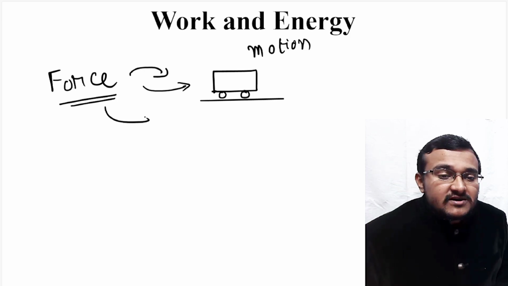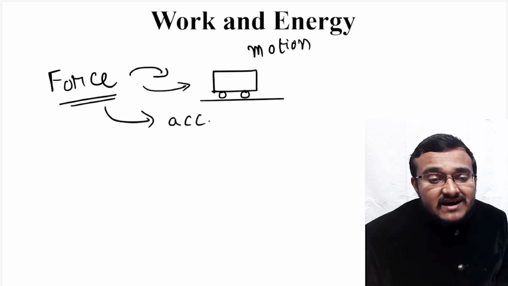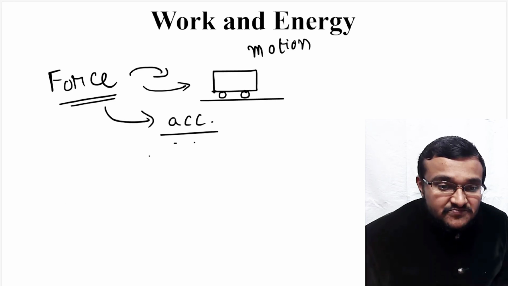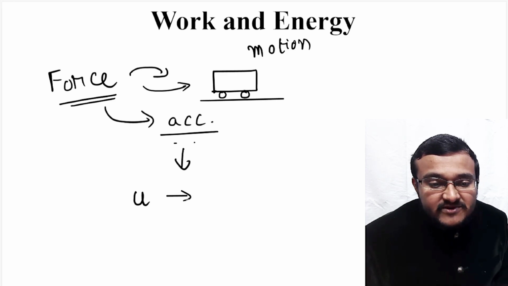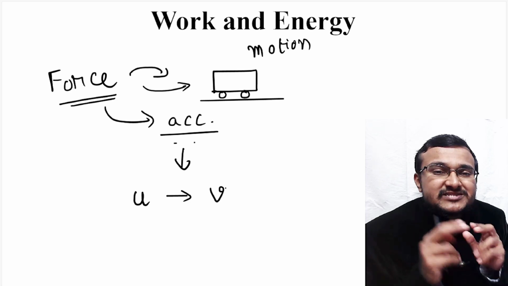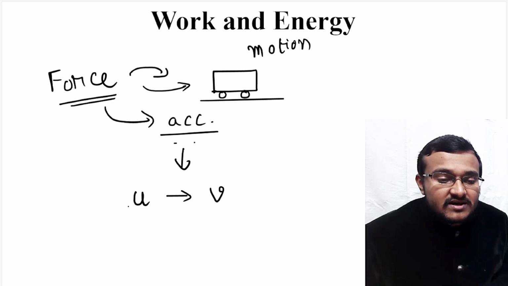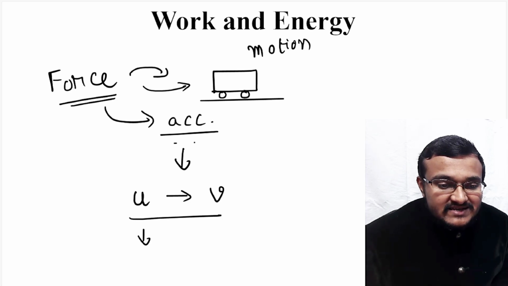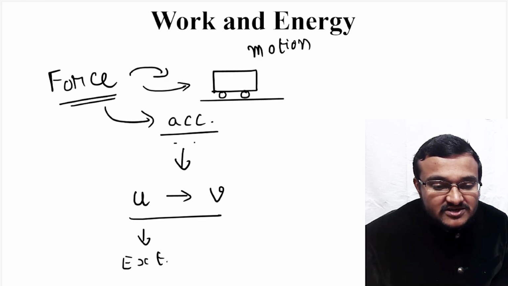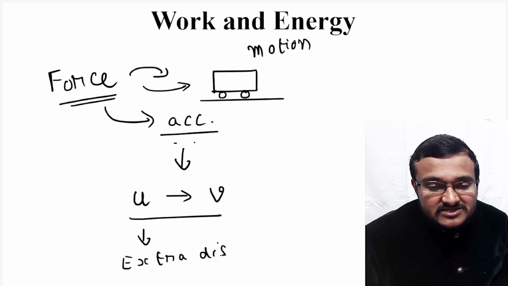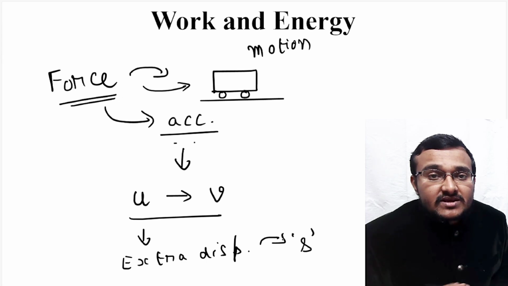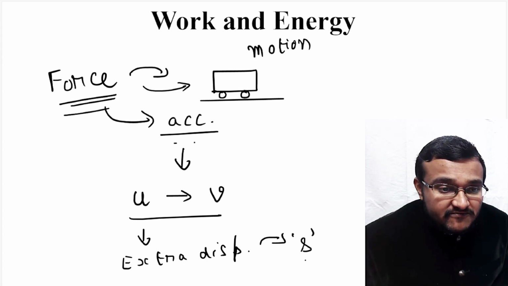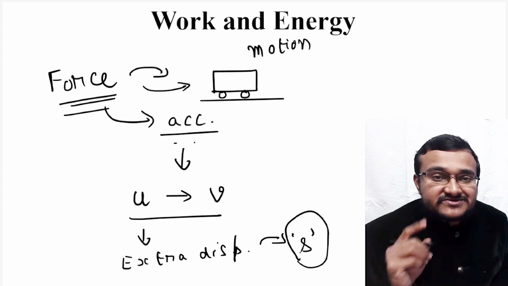Because of this force, the car gets a certain amount of acceleration. When acceleration comes into the picture, the speed changes from u to v. So there is a change in speed, and when there is a change in speed, an extra displacement comes into the picture. That extra displacement I am calling s, and because of this force, this extra displacement is generated.